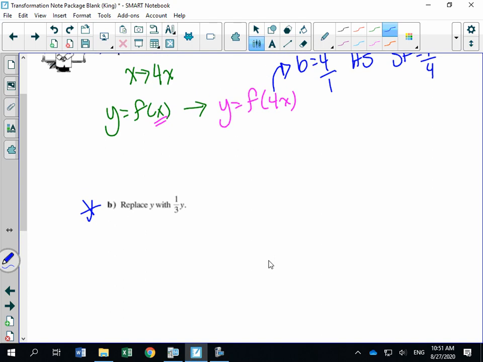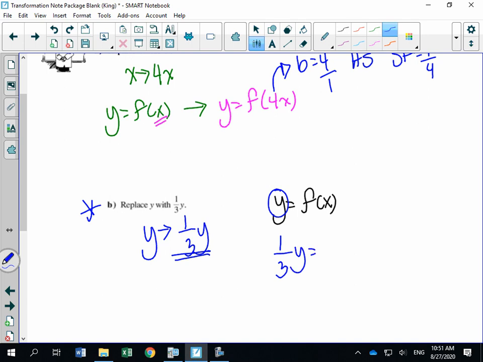So now we're going to replace y with 1/3 y. So you say, okay, my original function was y is equal to f of x. Let's take this y out and replace it with what they want us to, which is 1/3 y is equal to f of x.